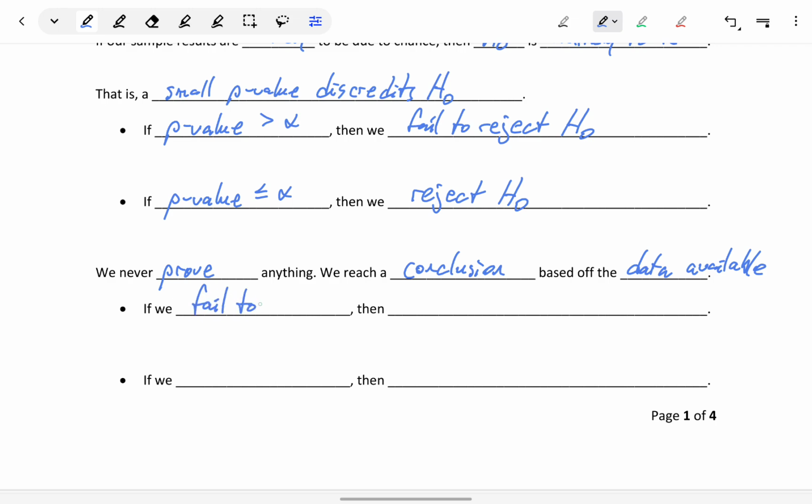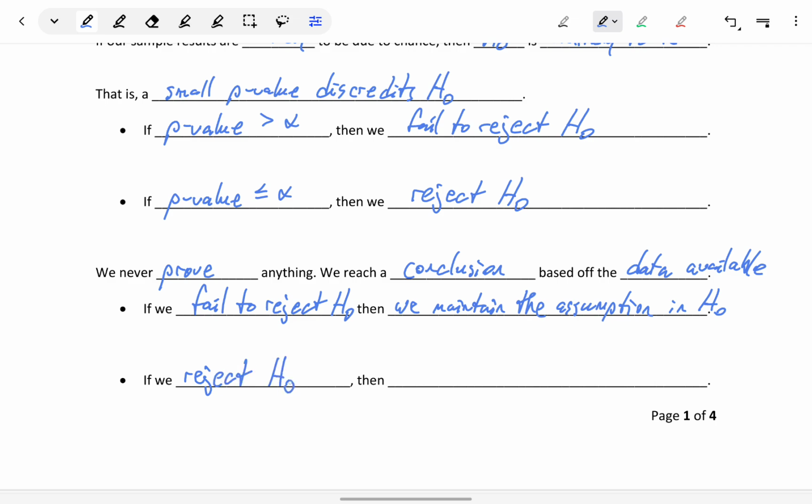If we fail to reject the null hypothesis, then we maintain the assumption in the null hypothesis. We aren't proving it to be true. We just don't have enough evidence to reject it, to discredit it, so we continue to maintain that assumption.